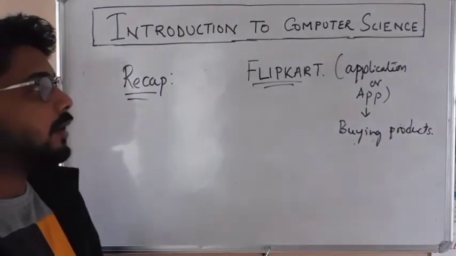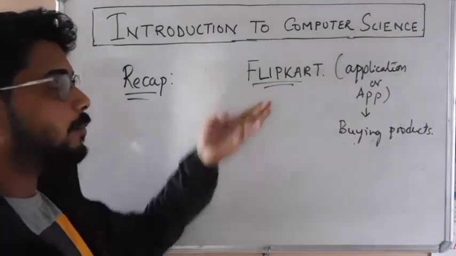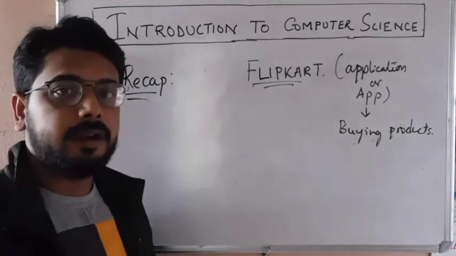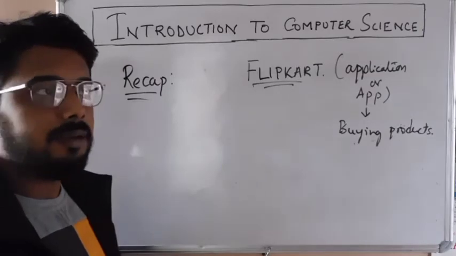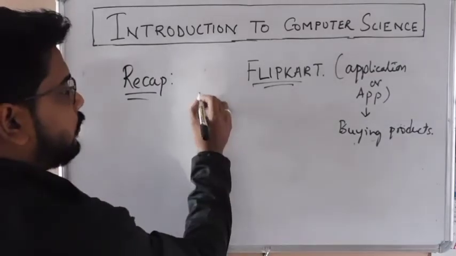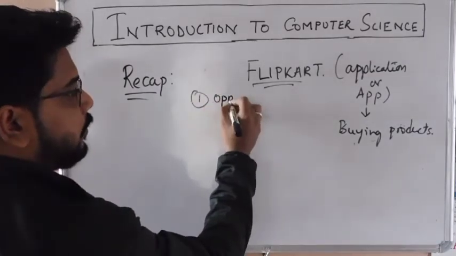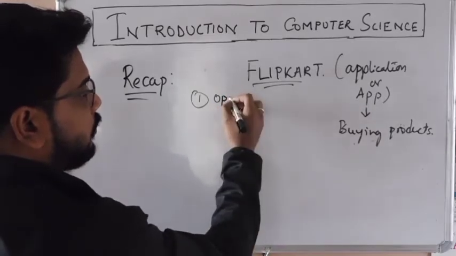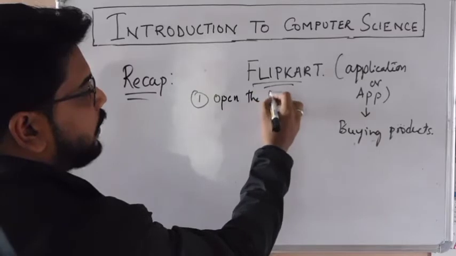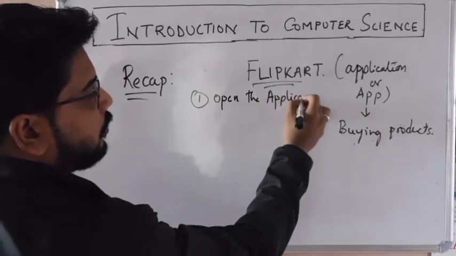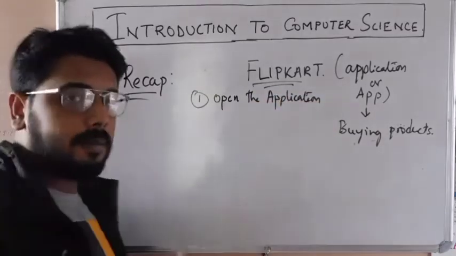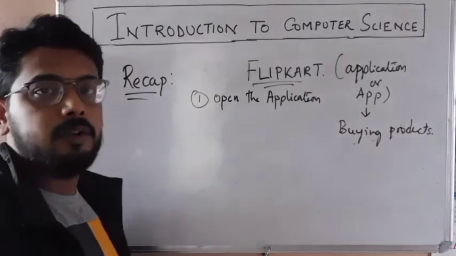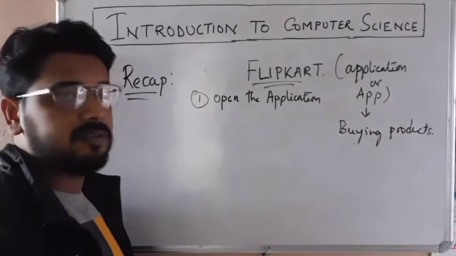Now, suppose you want to buy a pair of jeans from Flipkart, then what should we do? First of all, we should open the app. Open the application. You may open it on your mobile or using your laptops, desktops, whatever.